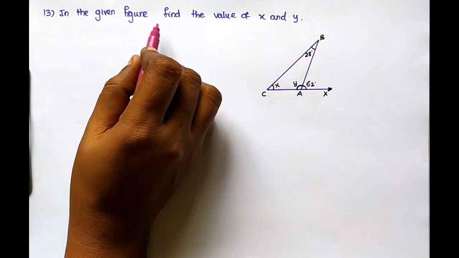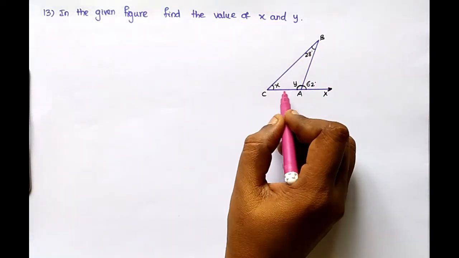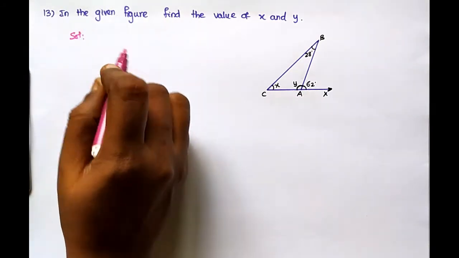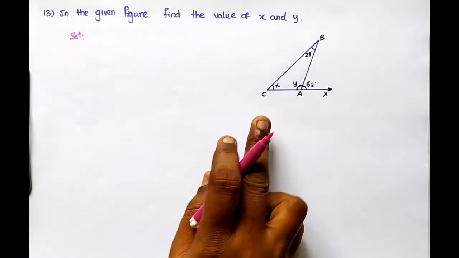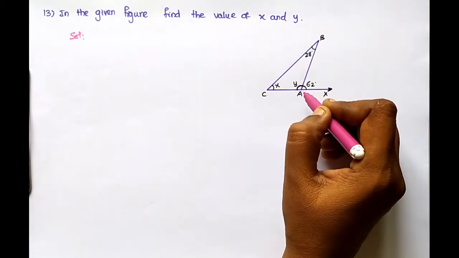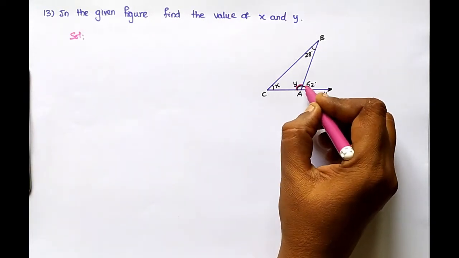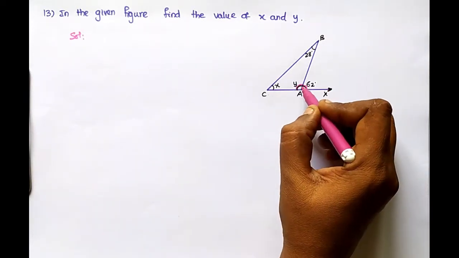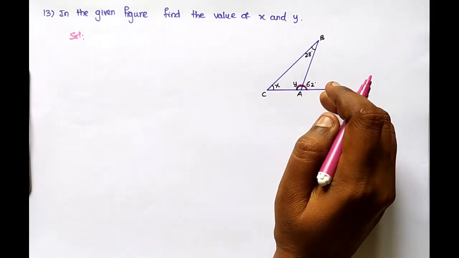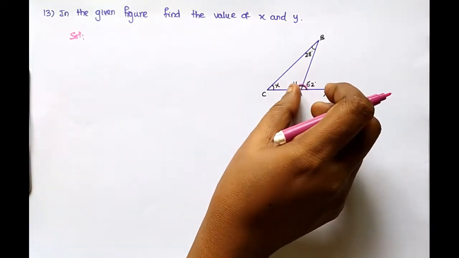13th sum. In the given figure, find the value of x and y. Here they gave x and y. Listen. Here angle BAC plus angle BAX, this angle and this angle we should add, and we get 180 degrees. What's the reason? Linear pair.